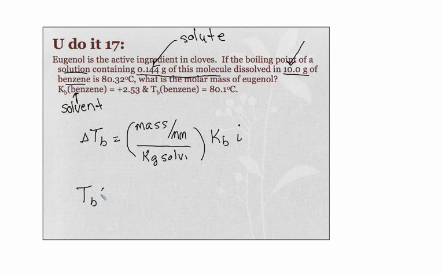And now my boiling point of my solution, I want both of these because that's the information that's provided. And my boiling point of my solvent, I hope you can see my little notations for solution, prime there, and solvent. Now remember, since it's a boiling point elevation, we add the delta Tb here.